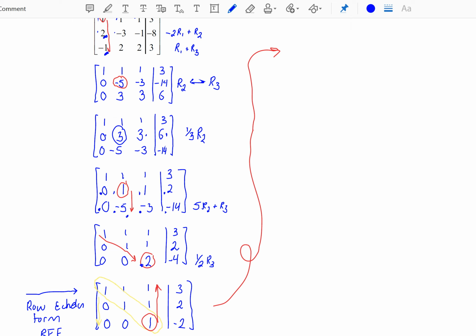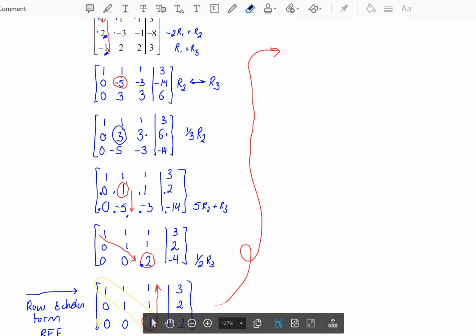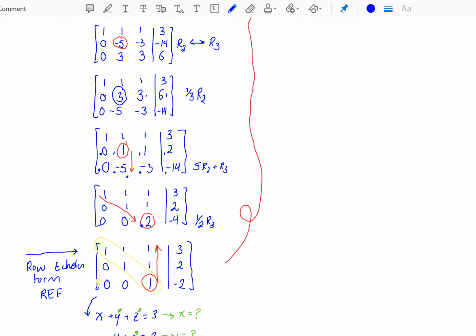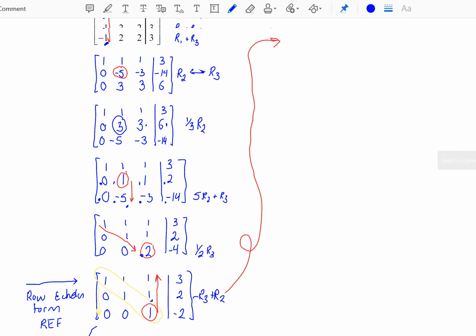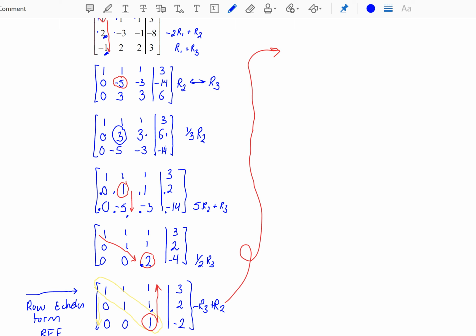So to do that, I'm going to say, what if we did the negative of row 3 and added that to row 2. And now I'll turn this into a 0. Now in doing this row operation, that bottom row is not going to change.